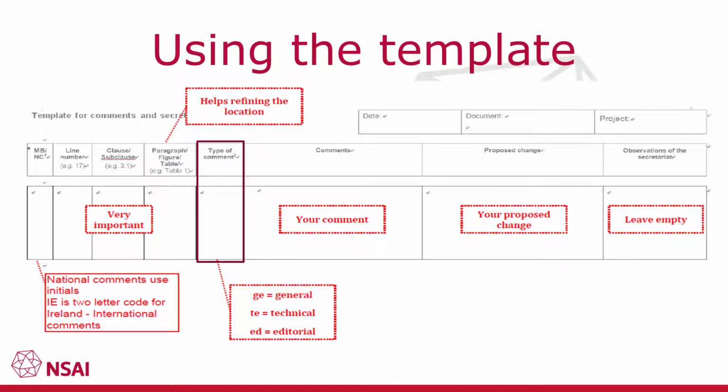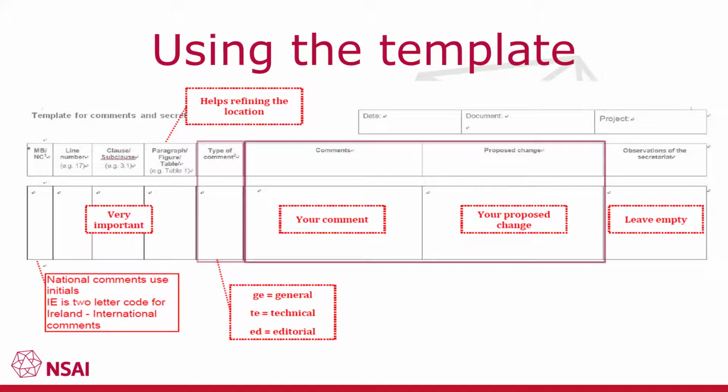The next column is the type of comment, and there are three different types: general, technical, and editorial. These are relatively self-evident, but there is a footnote in the template providing more information to help you. The next two columns are very important and both need to be completed in order to have your comment and proposed change considered.